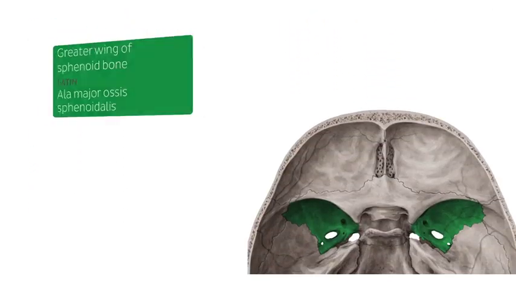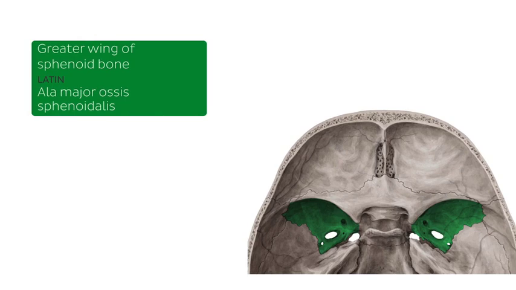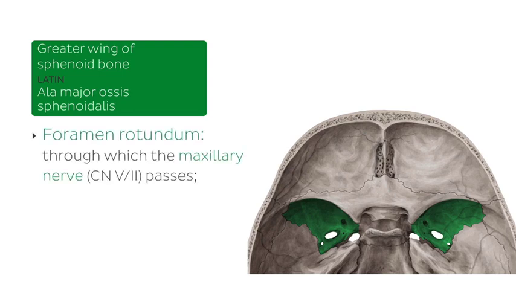These are the greater wings of the sphenoid bone. And the greater wings of this bone arise posterolaterally from the body of the sphenoid. There are 3 important openings or foramina visible on the greater wings from this aspect. One of them is the foramen rotundum, through which the maxillary nerve passes through.